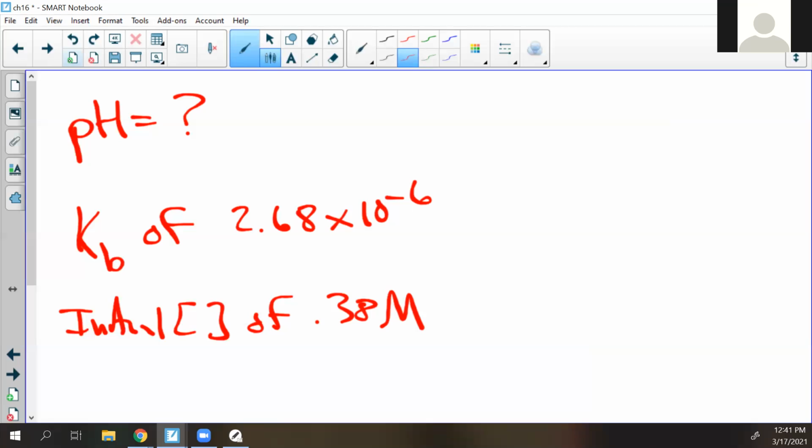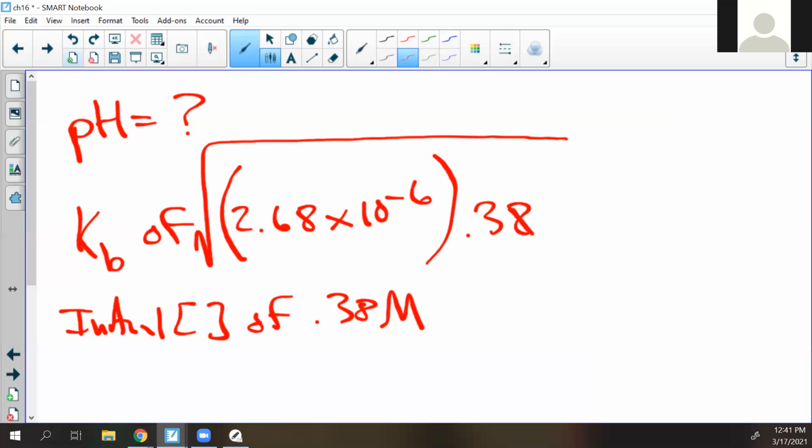Okay. How did we do here? Good. So essentially we take the Kb and we multiply it by the initial concentration, right? And we take the square root of it. Are we okay with that? I didn't write all the algebra out.